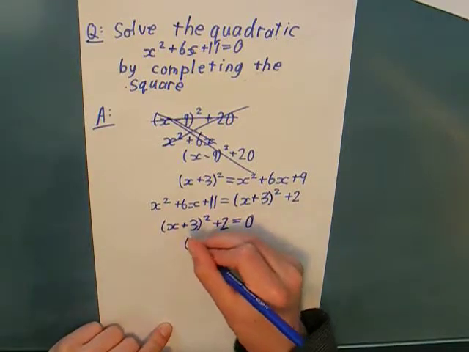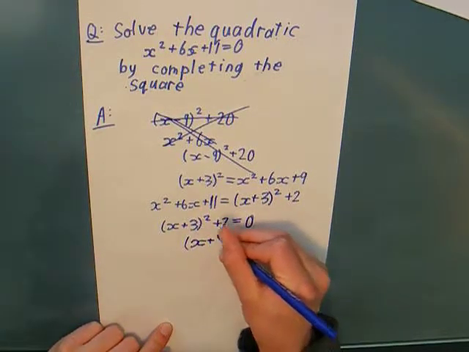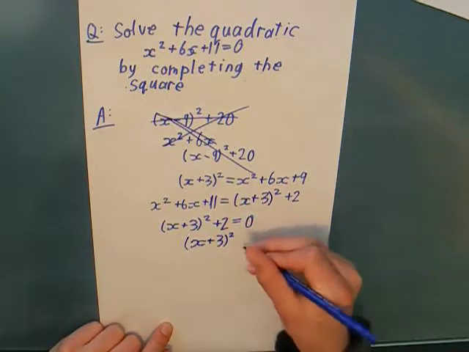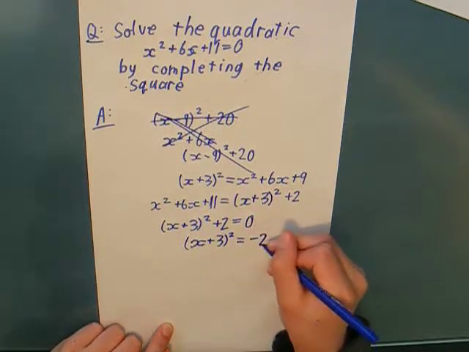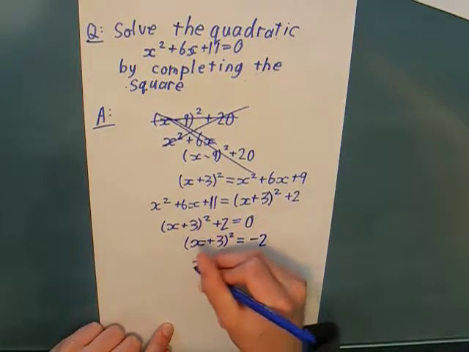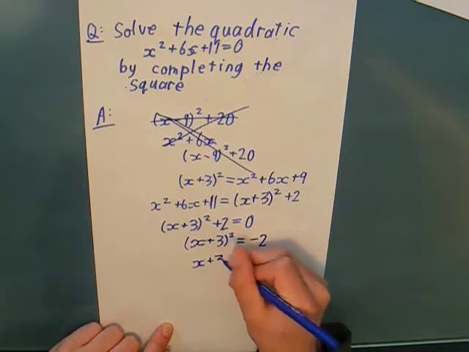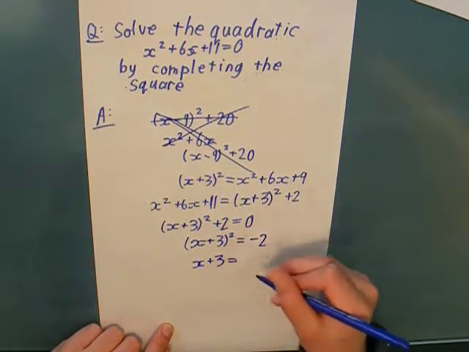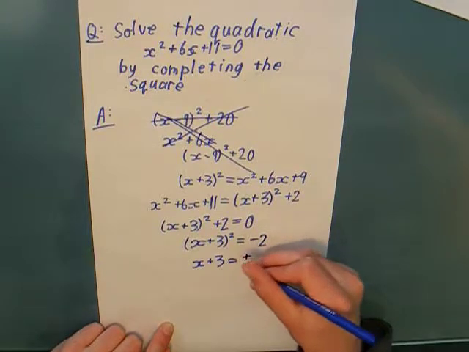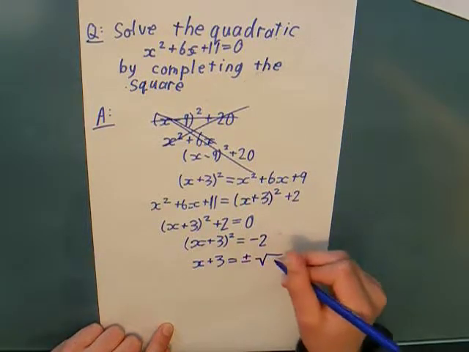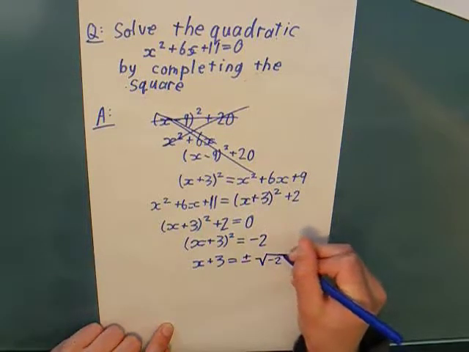So I've got an x plus 3 squared equals minus 2. So x plus 3 equals plus or minus root negative 2.